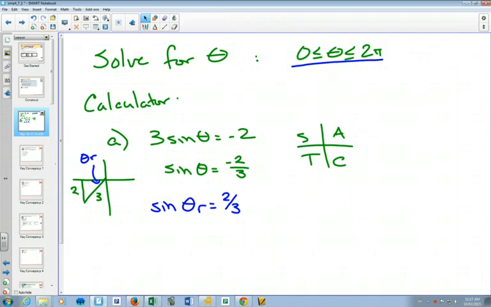So now when you go to your calculator and you go sine inverse of 2/3, you get 0.730.